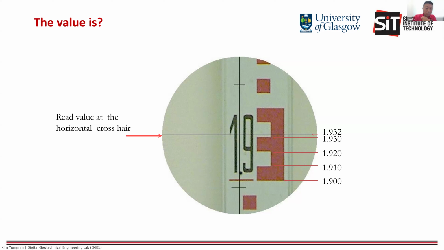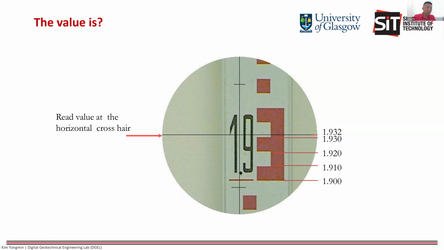If it is straight away at the middle, then it means 5 mm, but it is not. So it's between the middle and the bottom. So it's somewhere either 1.932 or 1.933. Okay, it doesn't really matter because it's only 1 mm difference.